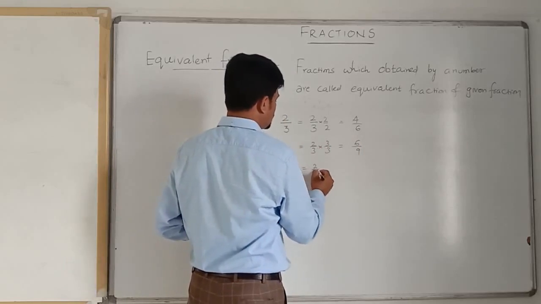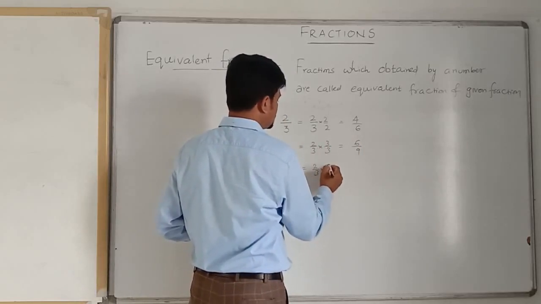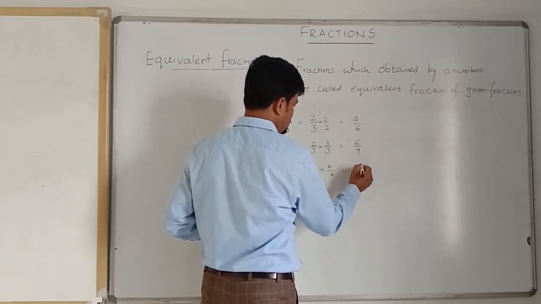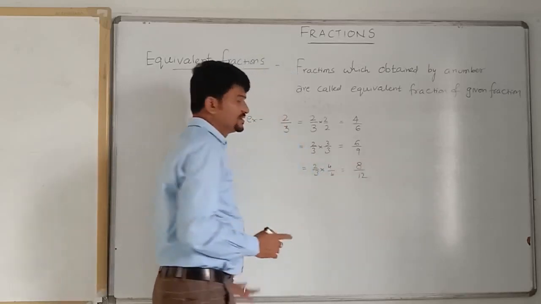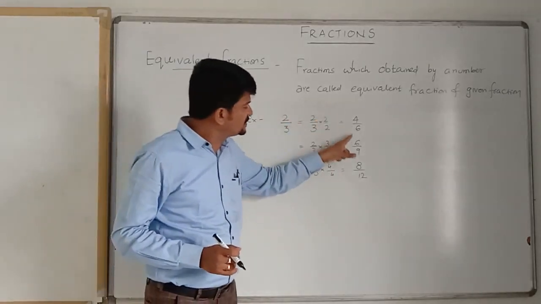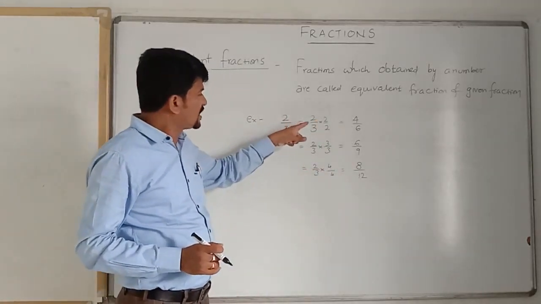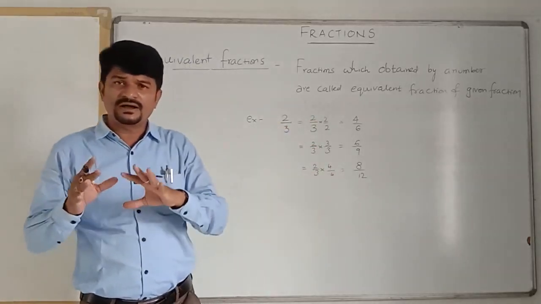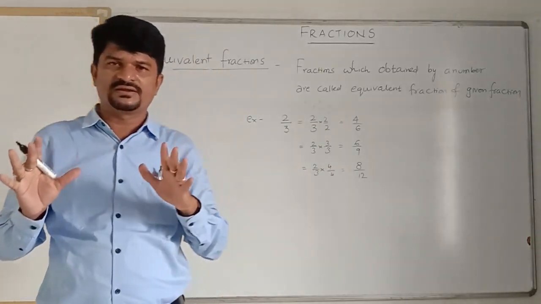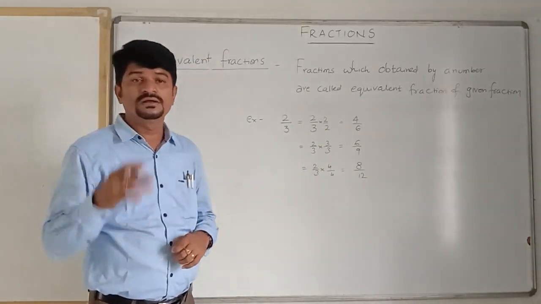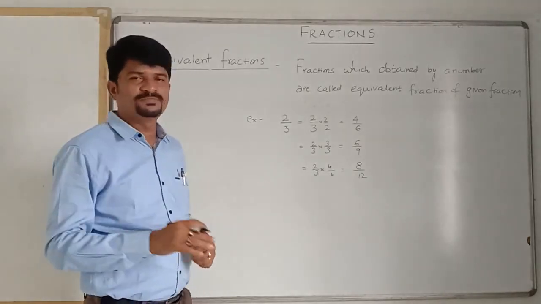Again, 2 by 3 multiplied with 4 by 4 gives 8 by 12. If you observe, all these fractions are multiplied with different numbers. All equivalent fractions differ. The equivalent fractions depend upon the number we are multiplying with.